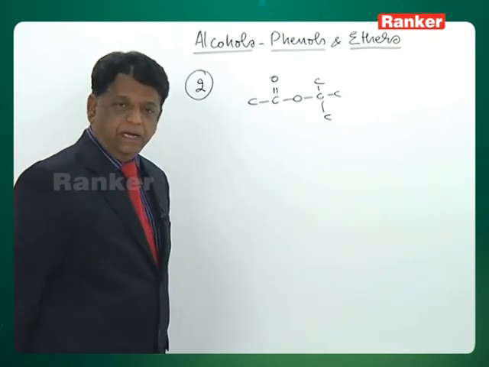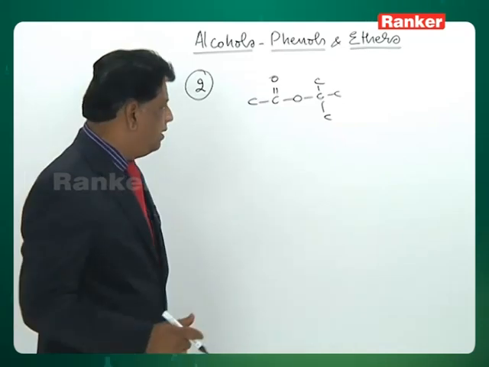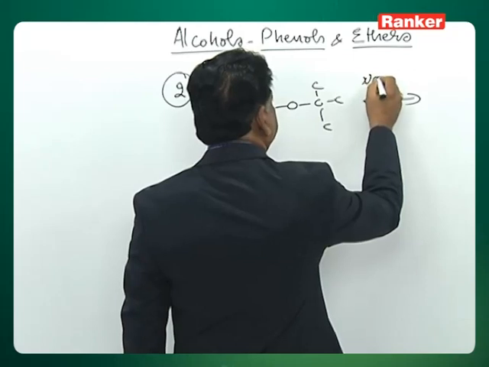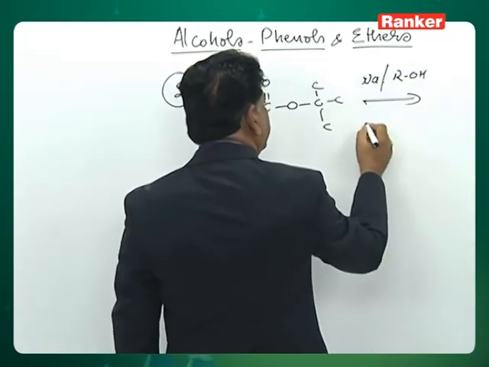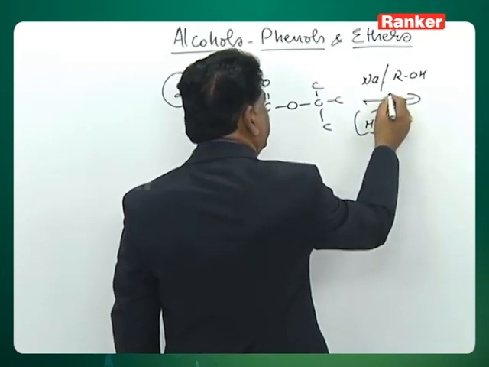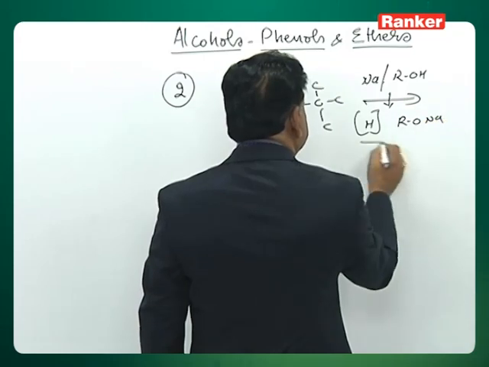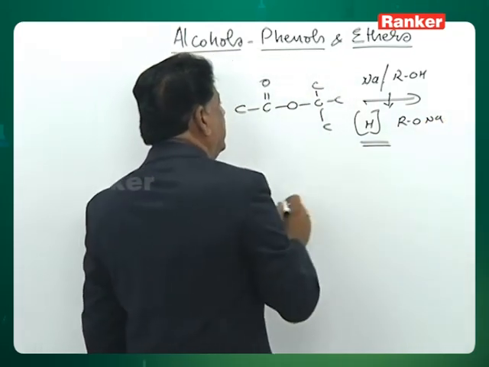Bouveault-Blanc reduction. In this reduction, sodium and alcohol react and nascent hydrogen will come. So that nascent hydrogen will reduce here, and alcohol may be taken. This reacts, you will get nascent hydrogen and gives the alkoxide formation. This nascent hydrogen will reduce this one and gives the alcohol and the alcohol.